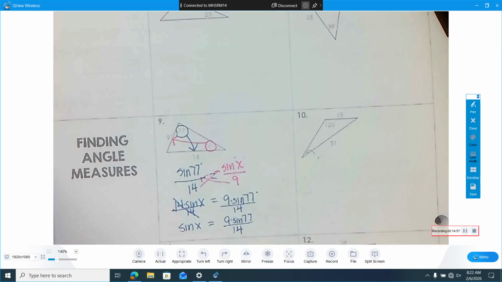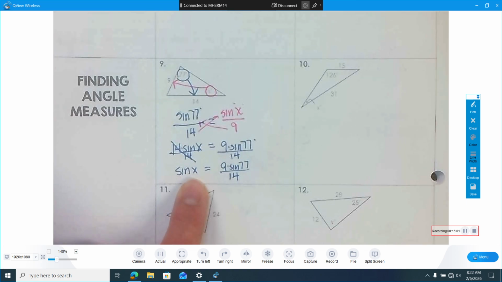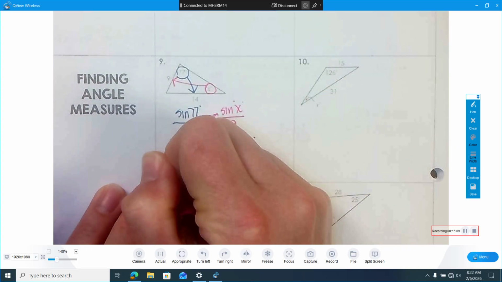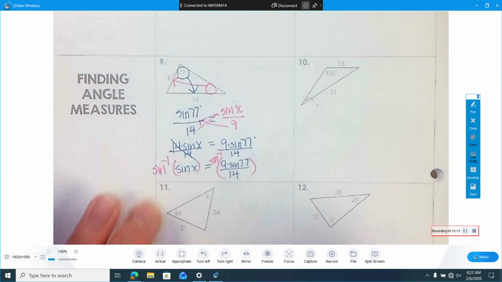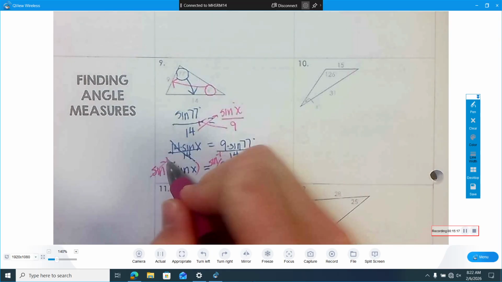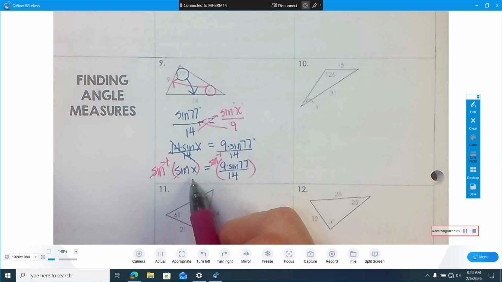14. Now, I'm trying to get at the x, but right now it's trapped inside a sine function. So how do I get rid of the sine function? Inverse, yes. We're going to take the sine inverse of both sides. The best way to do this is smush it in. The sine inverse and sine undo one another, freeing the x.